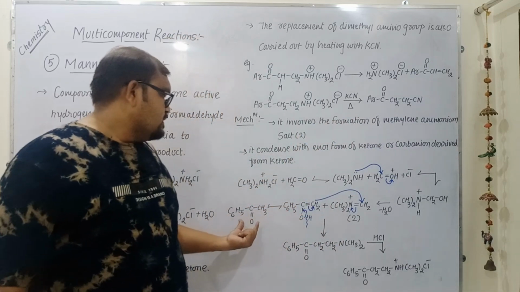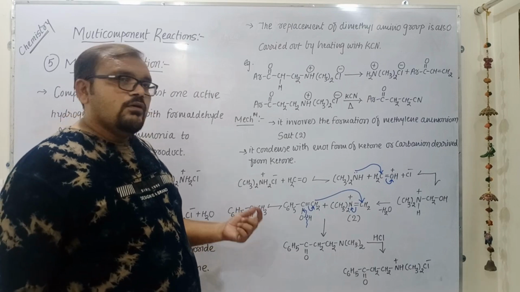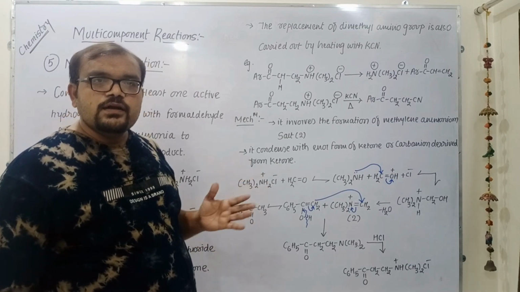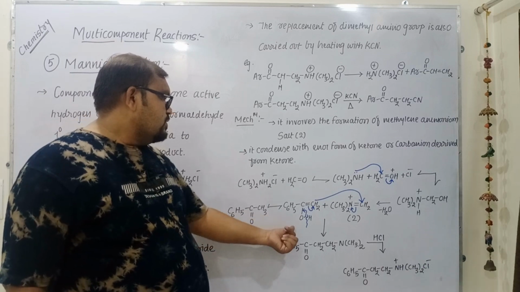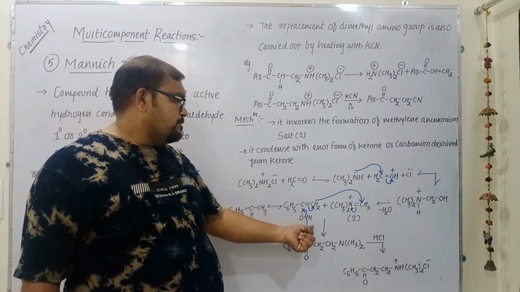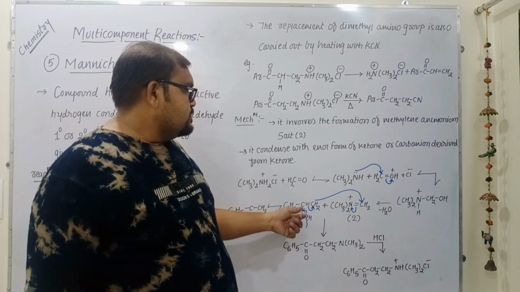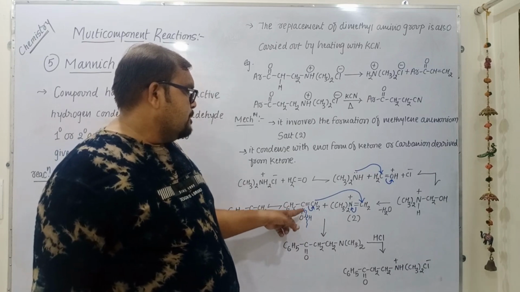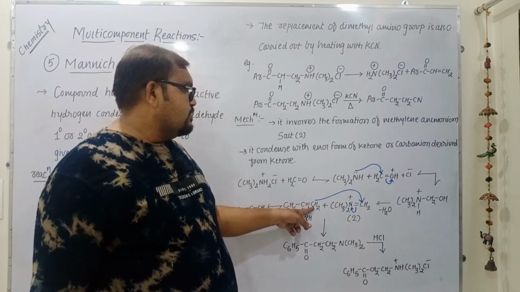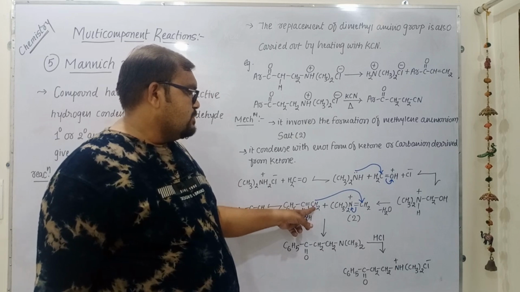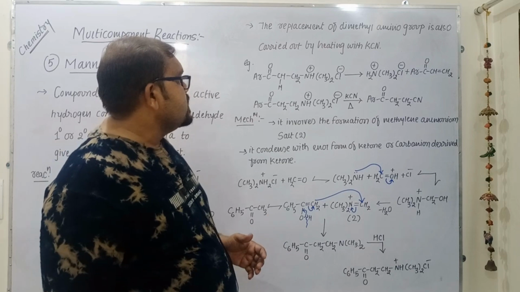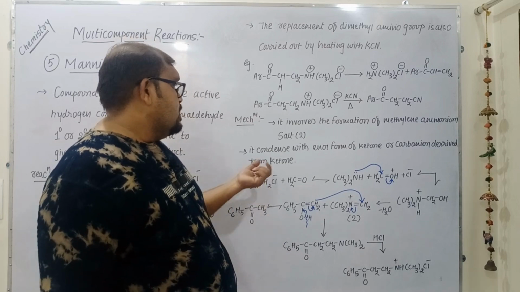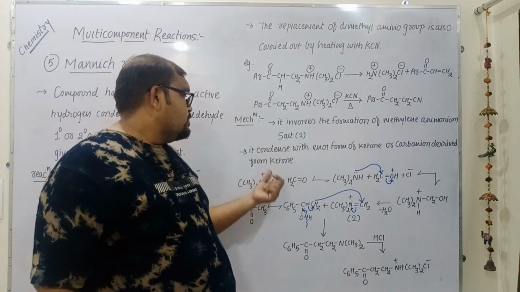Then it will react with acetophenone or a compound having at least one active hydrogen atom. What will happen? The enol form will lose a proton. This bonding pair will be shifted between carbon and oxygen. This pi bonding electron will be shifted over carbon, and carbon will get a negative charge, or we can also say a carbanion derived from the ketone.